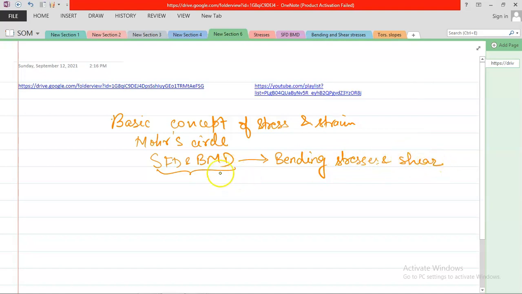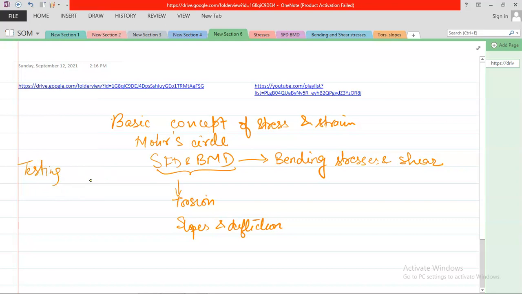Then after that, we discussed torsion and slopes and deflections. What we left from the syllabus, and also the experiments, meaning testing, are the UTM, impact testing and hardness testing.